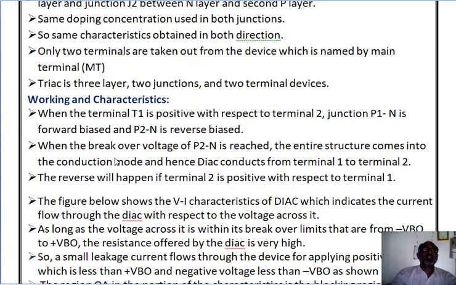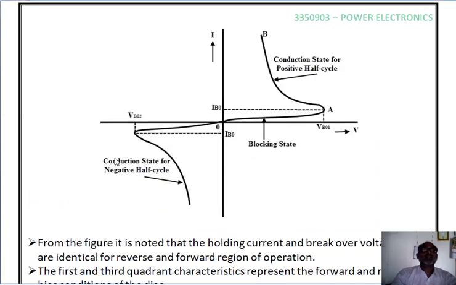Now let me show the characteristics of the diode. As shown in this figure, it is the VI characteristic of the diode, between the current passing through the diode and the voltage applied to it. Here VBO1 is plus VBO and VBO2 is minus VBO, the range of breakover voltage.